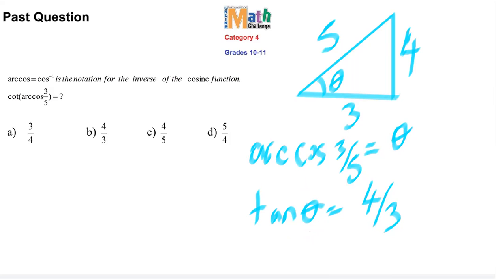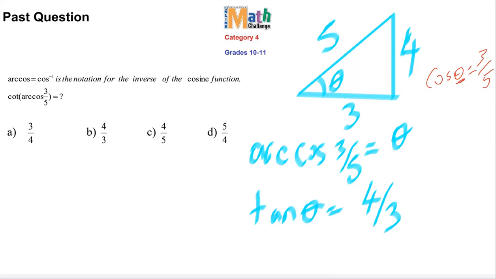Okay, so let's start. First, what is given? Here, arc cosine 3 over 5. The arc means inverse of the function. For example, for this triangle, 3, 4, 5, cosine theta equals 3 over 5.